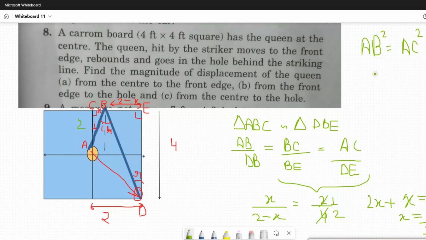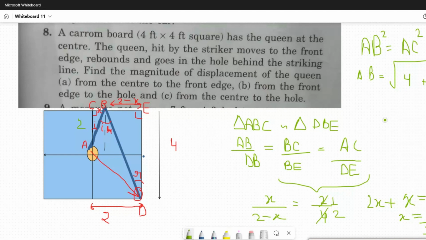So AB would be equal to under root AC square, and AC is 2, so 2 square would be 4, and then plus BC square. BC is x and we know the value of x is 2 upon 3. So its square would be 4 upon 9.